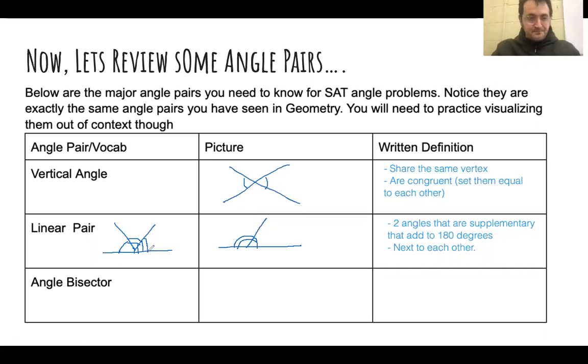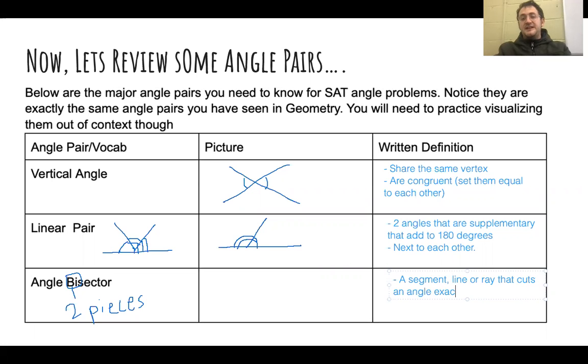And then bisector, bi means two. So this is two pieces or two sections, and they are equal pieces. They are congruent to each other. So a segment, line, or ray that cuts an angle exactly in half.